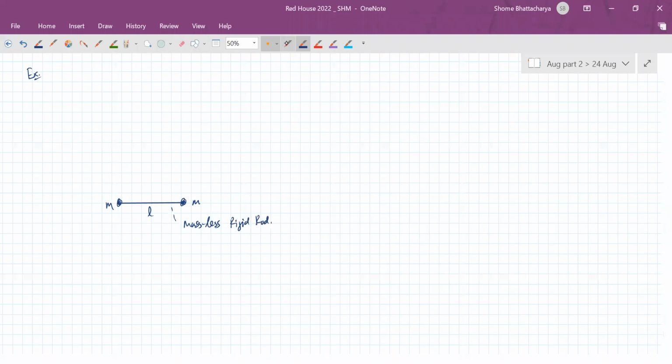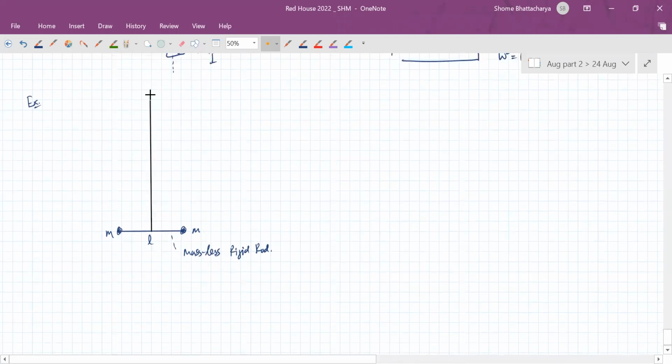And then this is attached to a torsional pendulum, or a torsional wire of a given torsional constant K. So first of all, we have to find the time period for angular harmonic motion.